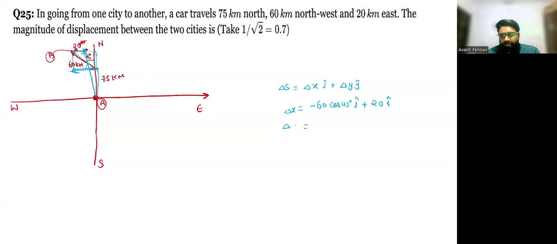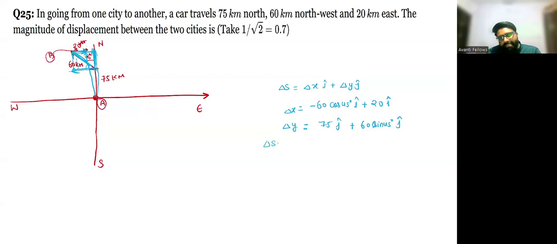Delta y will become what? 75 kilometer, which is 75 j cap, plus 60 sine 45 j cap. This is the component in this direction, this one. So this vector has two components. This is the vertical one, this is the horizontal.